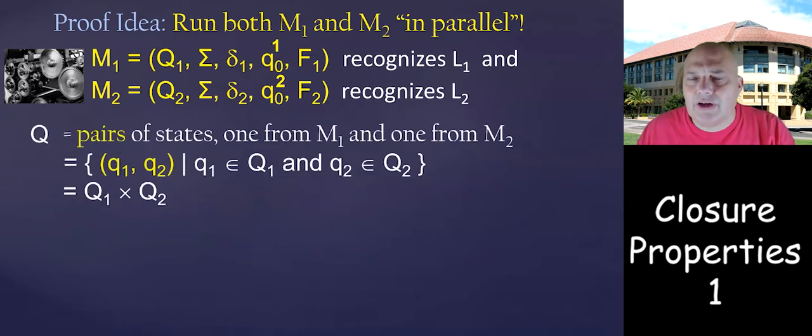And in order to run in parallel, we'll define the set of states of M to be pairs of states, Q1 and Q2, where Q1 is a state in M1 and Q2 is a state in M2. So Q1 belongs to the set Q1, and Q2 belongs to the set Q2. So when we're saying that in parallel we're going to run M1 and M2, M1 is going to run on the first component of the state, and M2 is going to be run on the second component of the state.